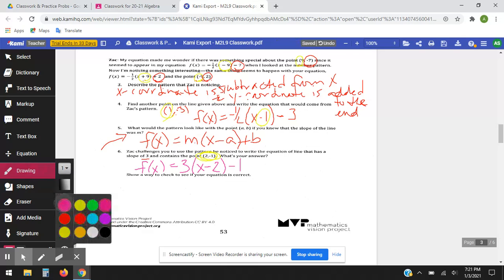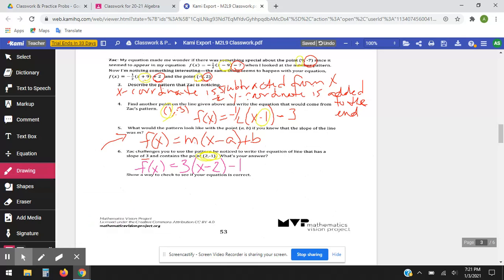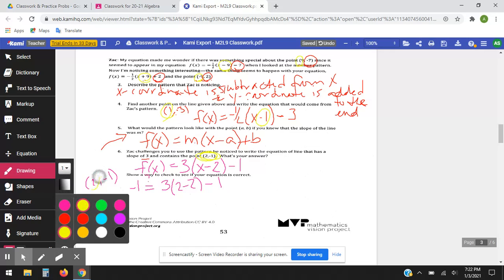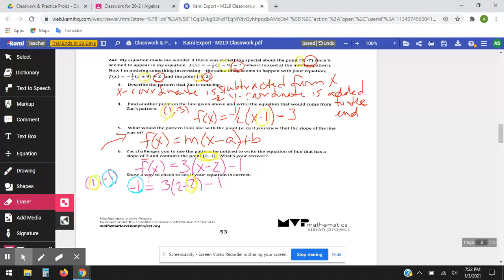So it should work if we substitute in the 2, negative 1. So negative 1 is my y. Does that equal 3 times 2 minus 2 minus 1? Just so you know where I'm going here, the 2 went in for my x, and the negative 1 is going in for my y.